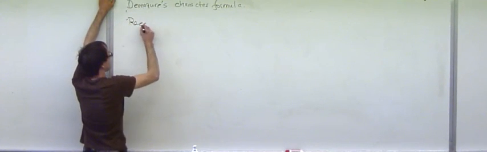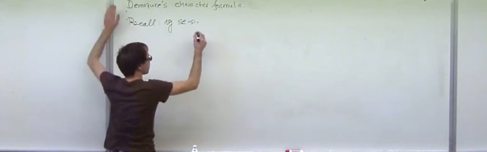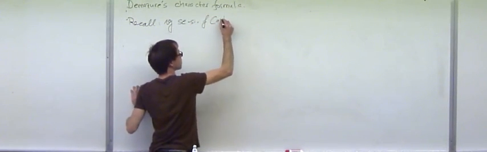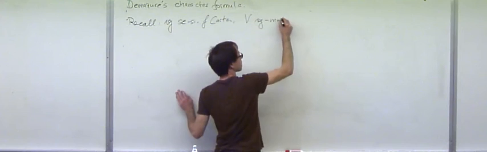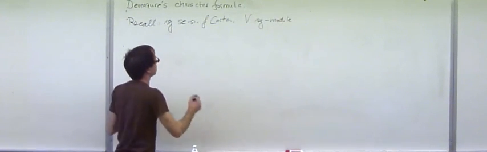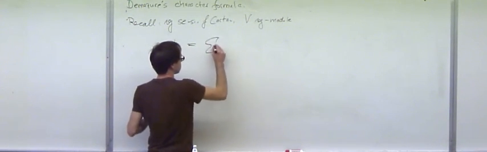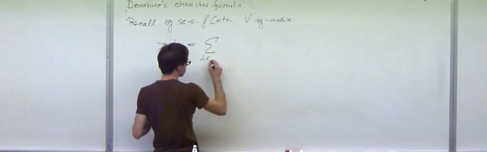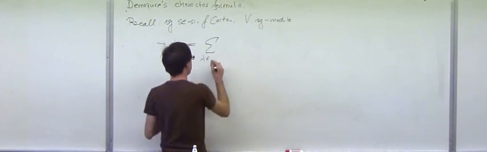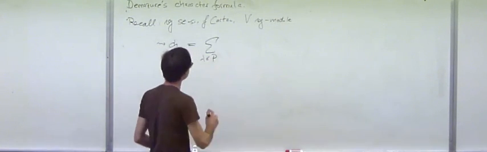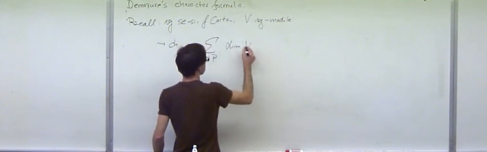So recall we have g a semi-simple Lie algebra, and h a Cartan subalgebra, and if V is a g-module, then we associate the character of V, which is just the generating function, or well, let's put lambda in P, the weight lattice, of the dimensions of the weight spaces.